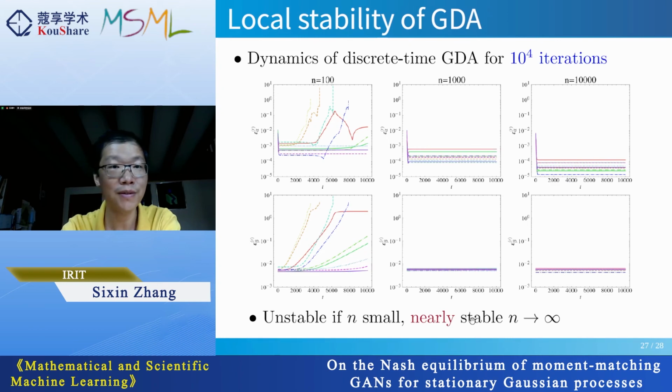But one interesting observation is that the covariance matrix error doesn't change much along these trajectories. That means the quality of the generator, even near this non-Nash equilibrium, stays pretty stable in this sense, for discrete time GDA.